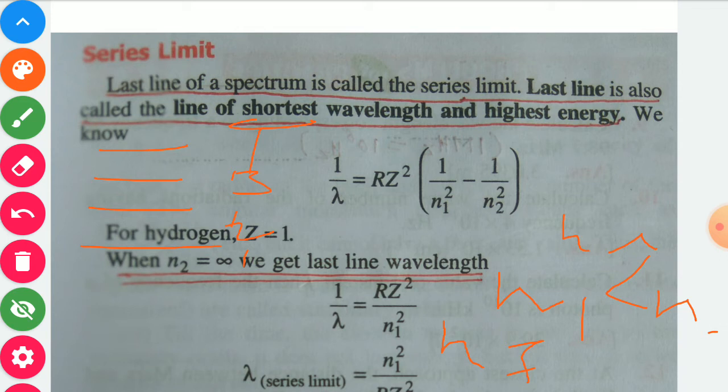Suppose the electron jumps from the third energy level to the first energy level, meaning the Lyman series. So here n1 will be equal to 1 and n2 will be equal to 3, because the electron moves from the third energy level to the first energy level.